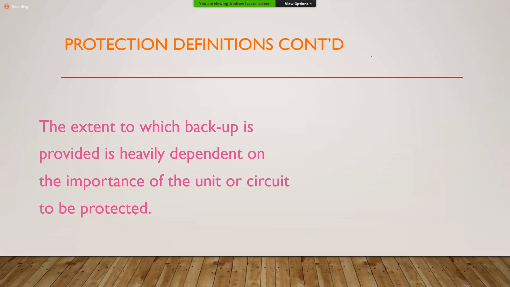It is usually the case that the equipment that you are protecting is much more expensive than the protection system. So the protection system can be elaborate and expensive, but usually it is protecting equipment that is significantly more expensive.